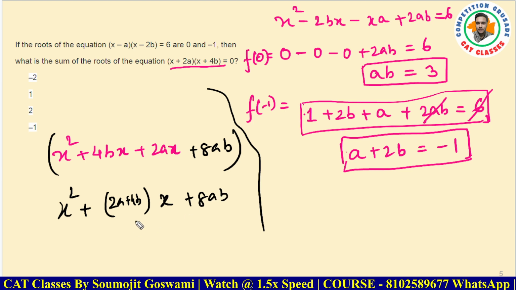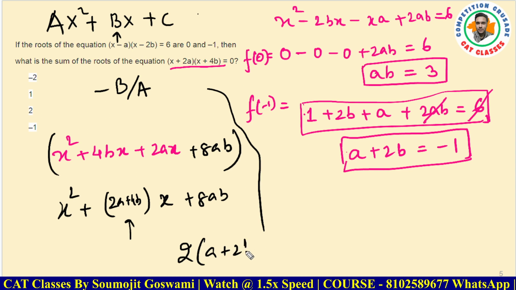Now, do you know that in ax square plus bx plus c, minus b by a represents the sum of the roots, and c by a represents the product of the roots. So if you take 2 common, it will be 2 into a plus 2b, and because of the minus, there will be a minus sign.